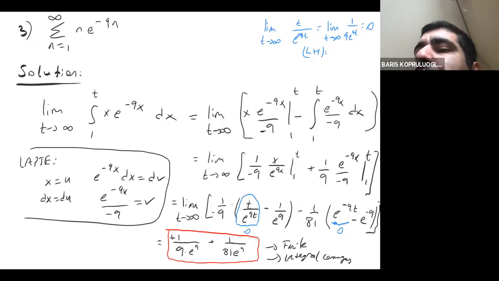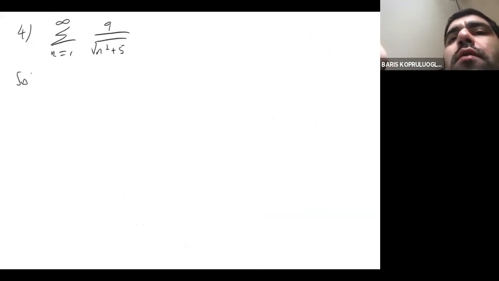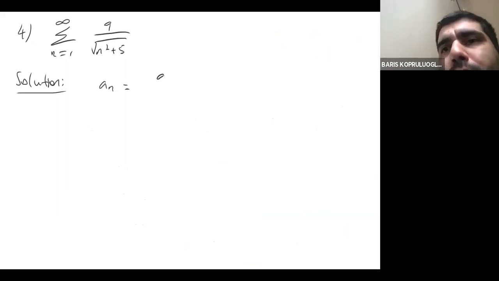Now the fourth problem, as the question says, we need to use the limit comparison test. And most of you got this right. Let's quickly go over 9 over root n squared plus 5 in my version. So a_n is 9 over root n squared plus 5.